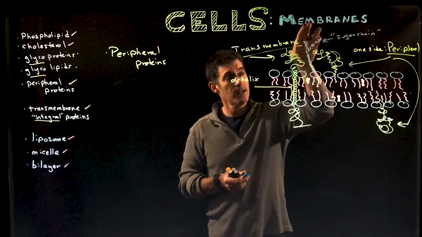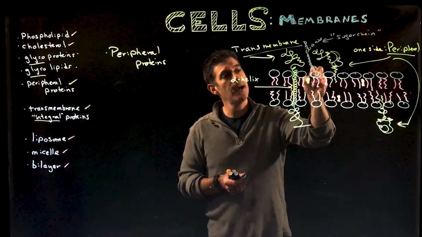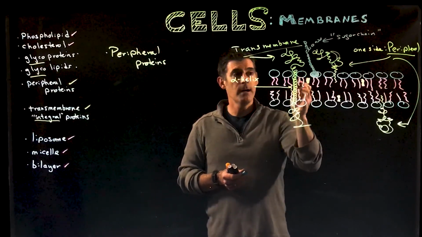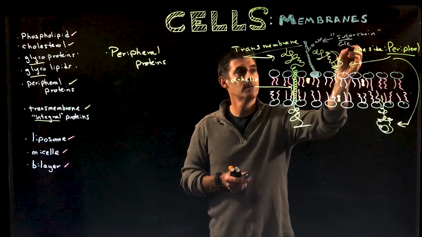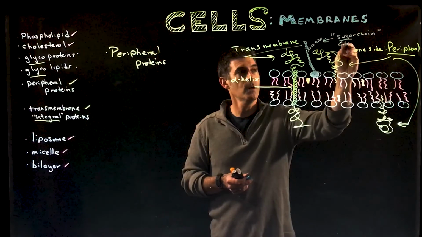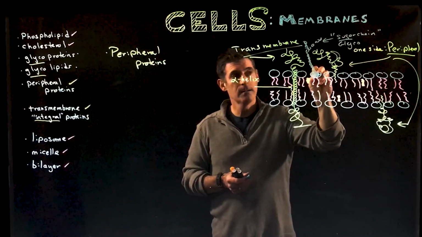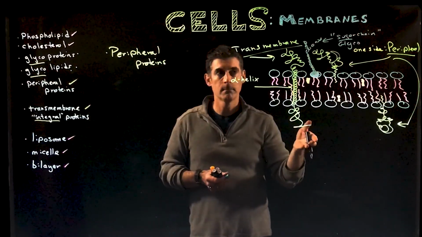It's a bunch of sugars attached to each other with glycosidic links. And then in this case, I drew it attached to this polar head. So as a result, this sugar, this glyco, is attached to a lipid. So we call that a glycolipid, a sugar lipid.